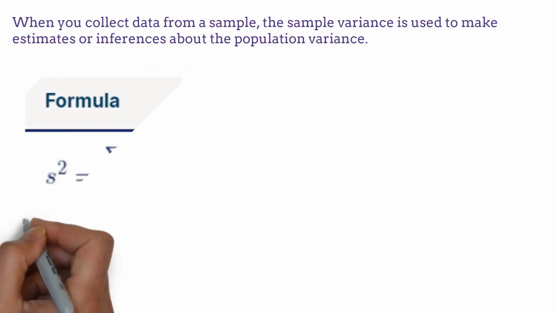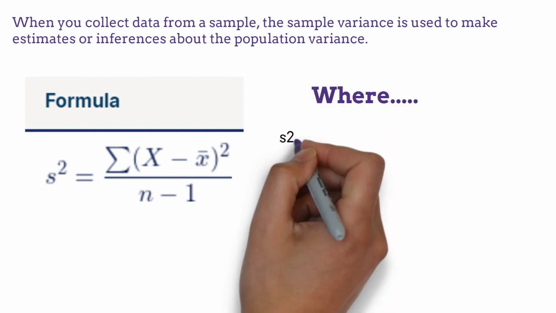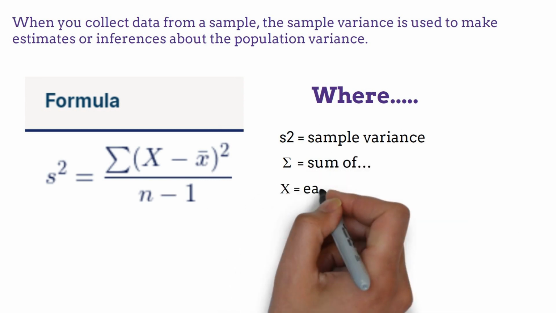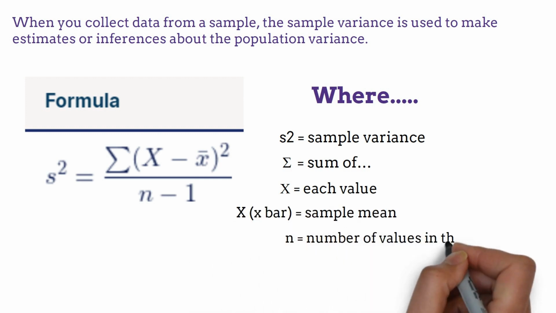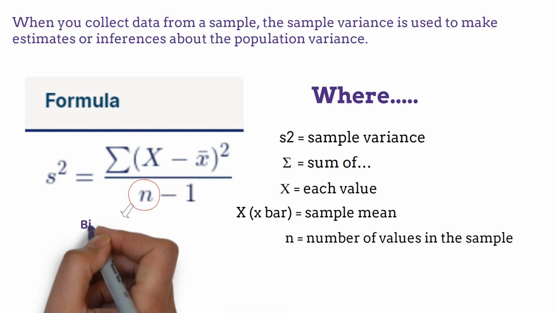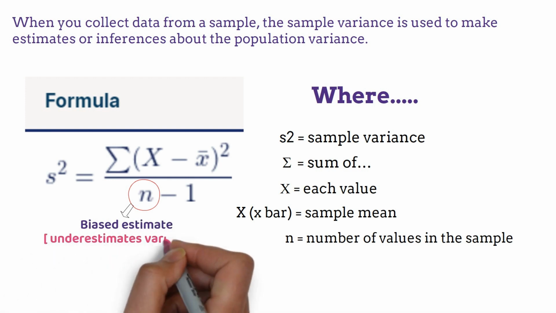The sample variance formula looks like this. S square is the sample variance, sigma is the sum of the differences, x is each value, x bar is the sample mean, small n is the number of values in the sample. With the samples, we use n-1 in the formula because using n would give us a biased estimate that consistently underestimates the variability.